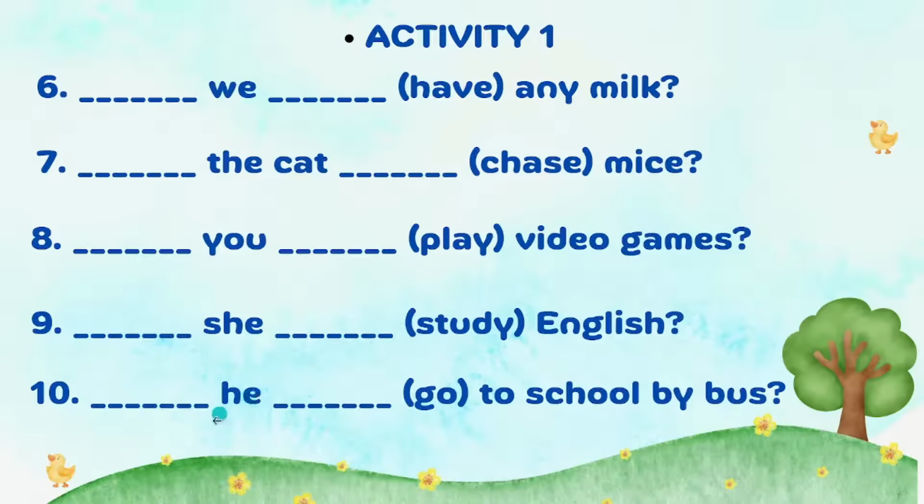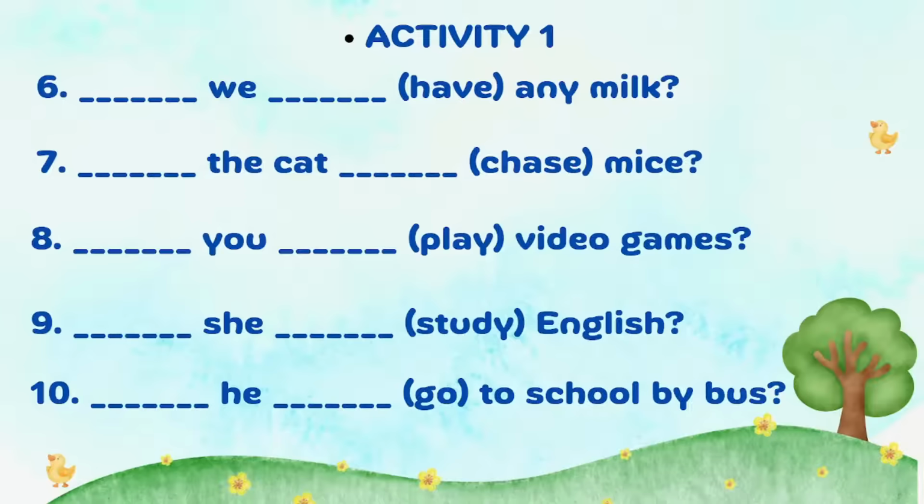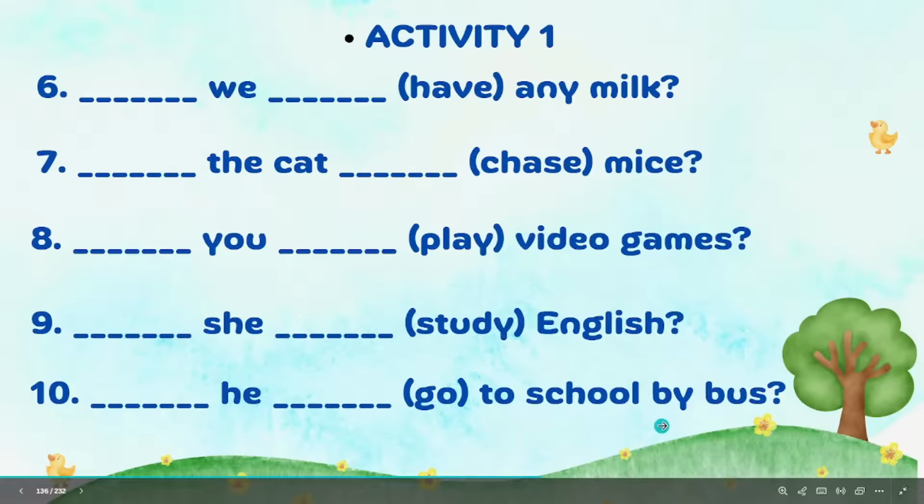Another last example for our activity 1. He, she, and it. What are we going to use here? Of course, it's going to be does. So, it's does he go to school by bus? Does he go to school by bus?